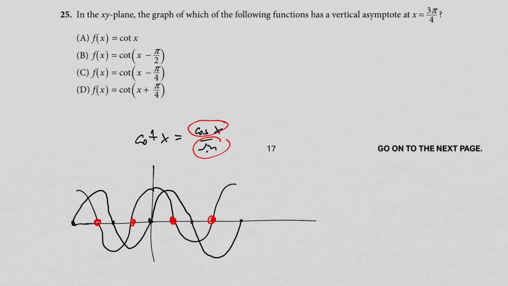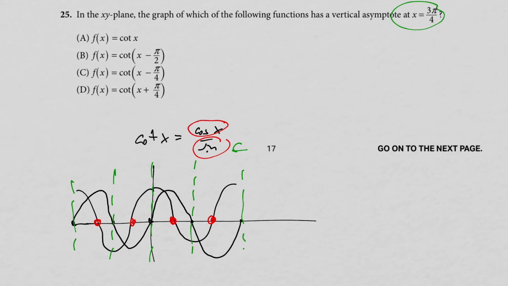But when sine is 0, this thing will be undefined because it's in the denominator. So where sine is 0, cotan is going to be undefined. And that's what they want to know, vertical asymptote.